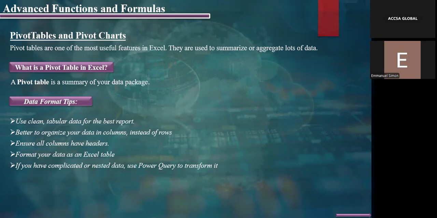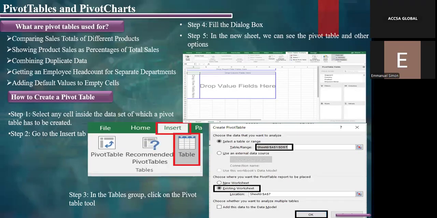When you are converting it, you tell Excel that this table has headers, because these headers are what we'll be using in the pivot table. Format your data as an Excel table, which we have also highlighted. If you have complicated or nested data, use Power Query to transform it. It's a data extraction, transformation, and loading tool, which is also a powerful tool in Excel for formatting and cleaning tables.